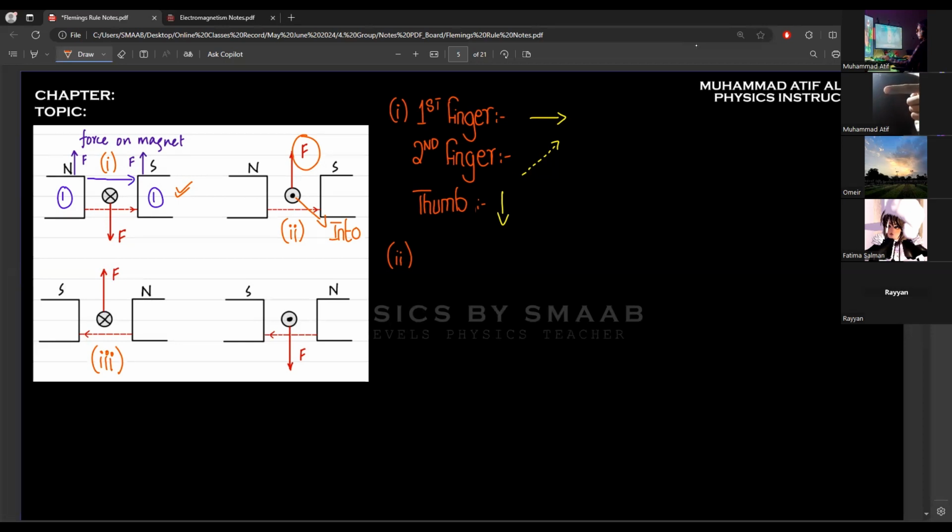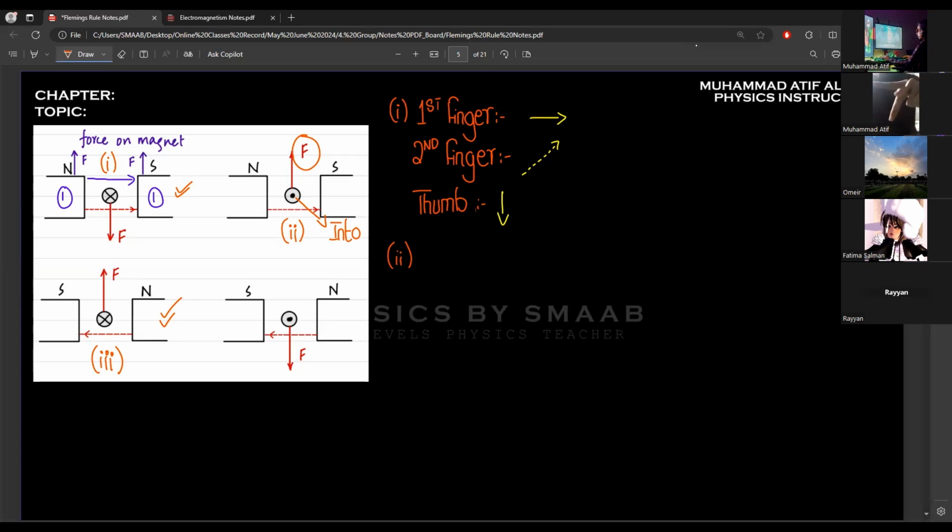For the third one, this one, it's into the paper, right? So now we have to set the second finger that shows you into the paper. So into the paper means again like this, downward. Basically, this is downward, but this is the z-axis, right? This is going into the paper like this.